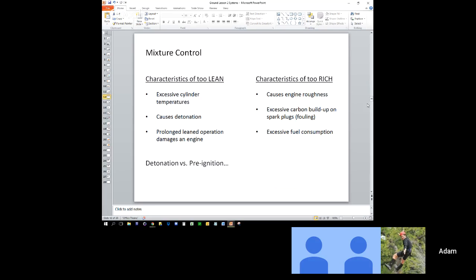Maybe there are multiple ignitions in one combustion cycle. It's not smooth. And the downside to detonation is it's caused by hot engine temperatures. It also causes more heat to be produced from the nature of it occurring.